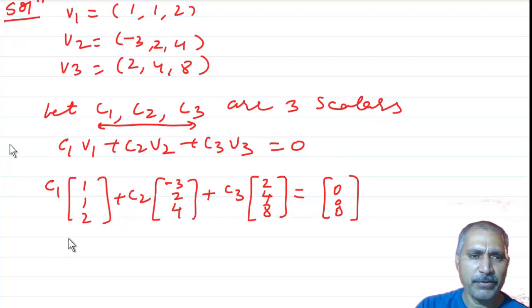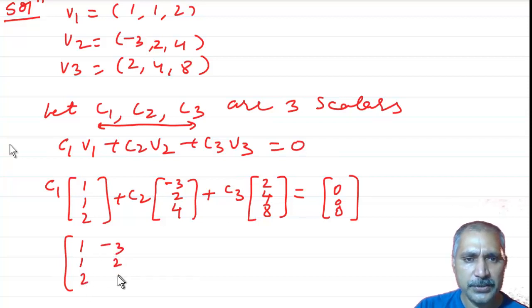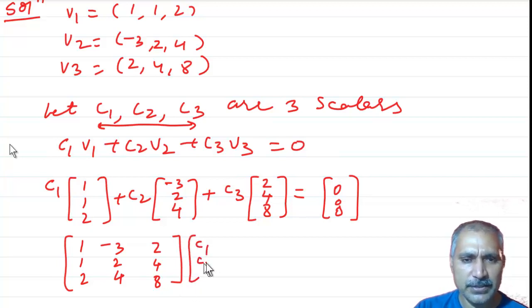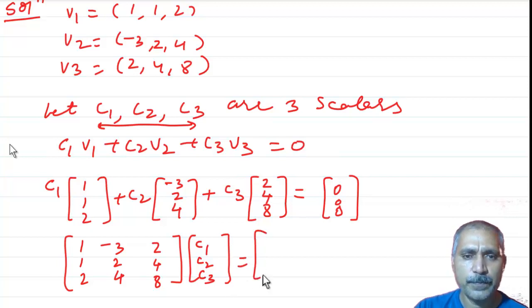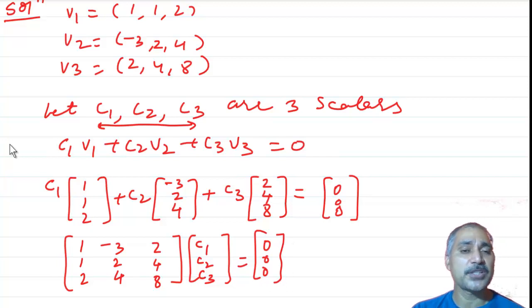Now, if we want, we can write this as the matrix 1, 1, and 2, -3, 2, and 4, and then comes 2, 4, and 8. Then we will have the variables part, that is C1, C2, and C3, equal to 0, 0, and 0. This is the case of a homogeneous equation now.